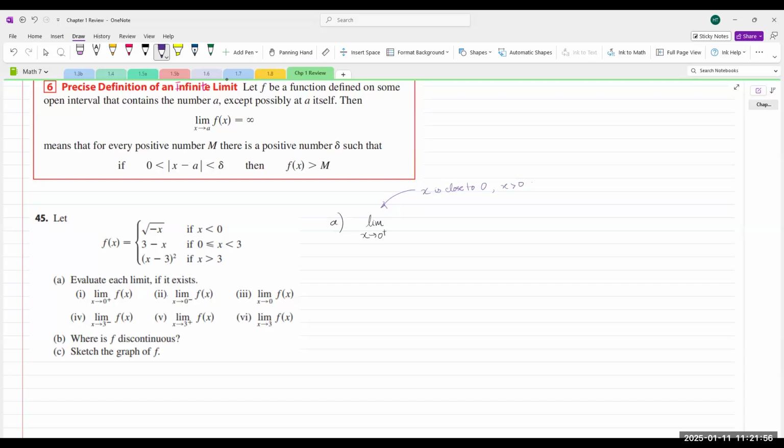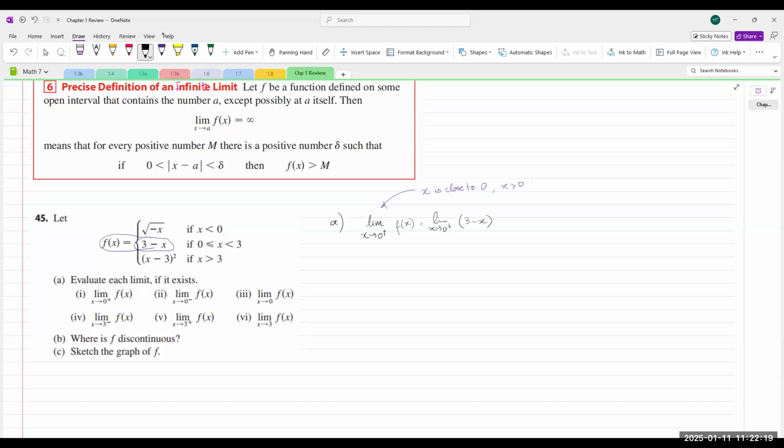Okay, which means we use this function. So limit as x approaches 0 from the right hand side of f(x) equals the limit as x approaches 0 from the right hand side of the function 3 minus x.